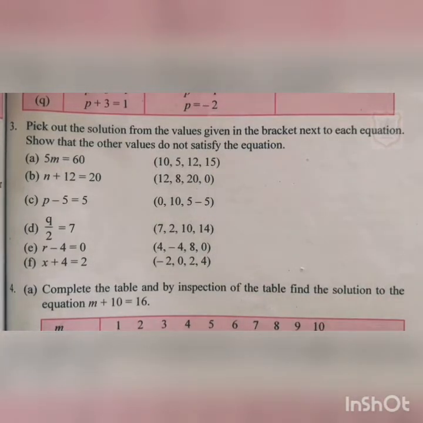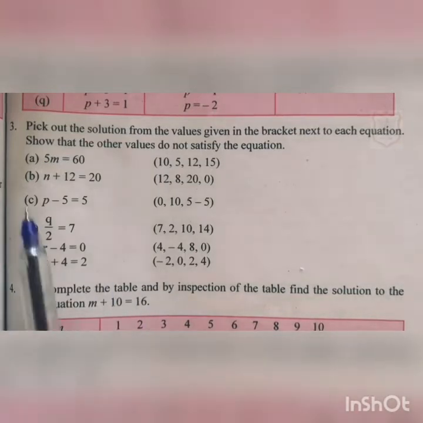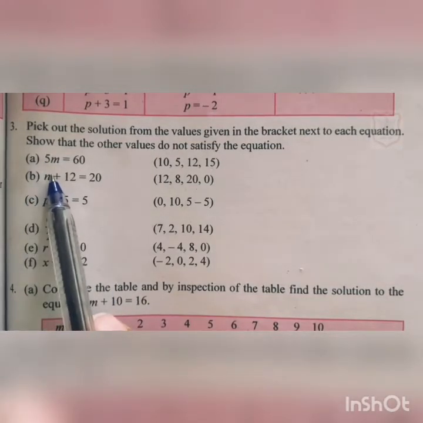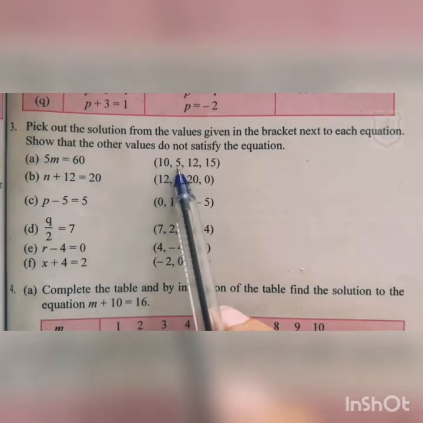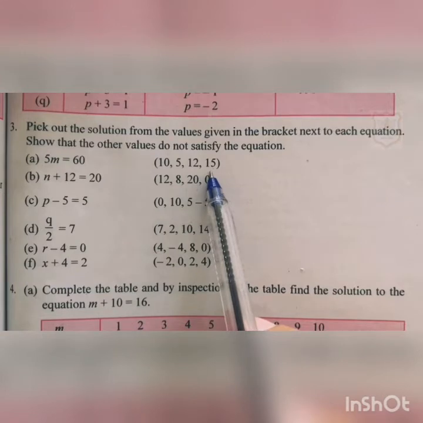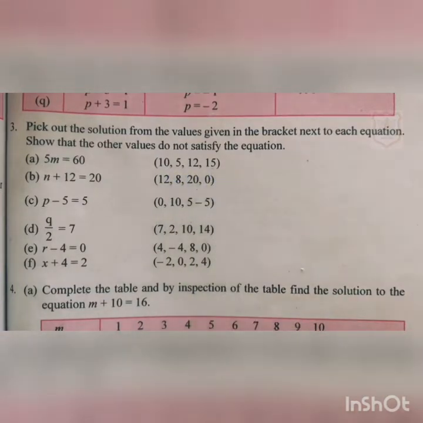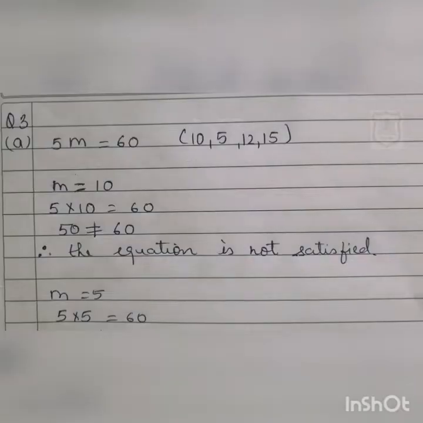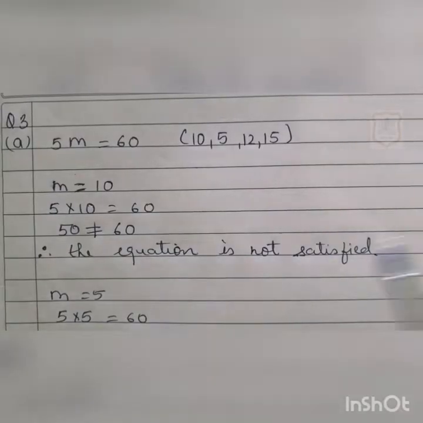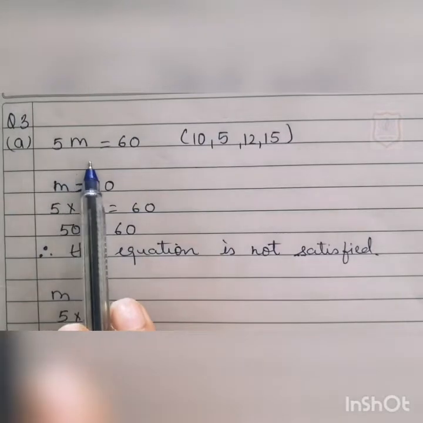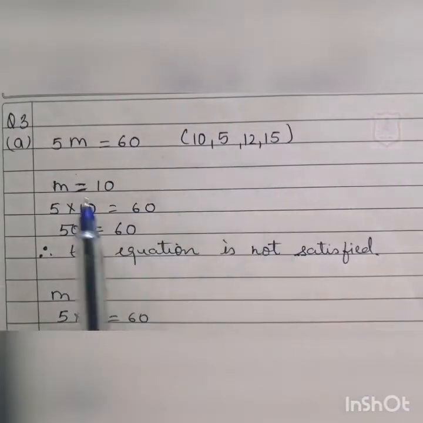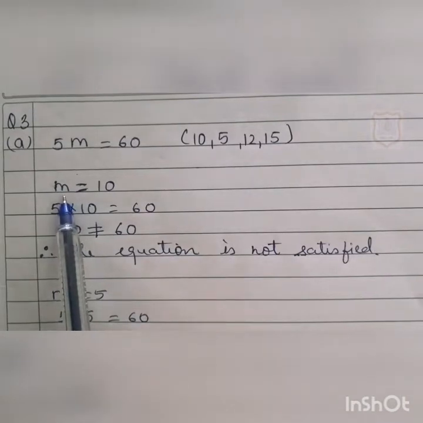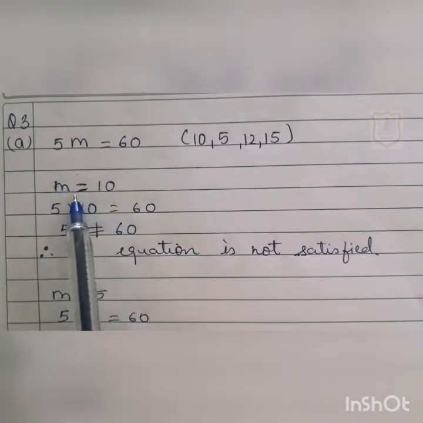Now, A part of question number 3, 5m is equal to 60 for the values m is equal to 10, 5, 12 and 15. So, we have to place this value in place of m and we have to find out the solution.